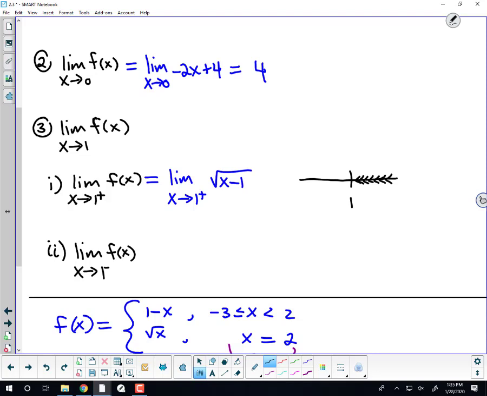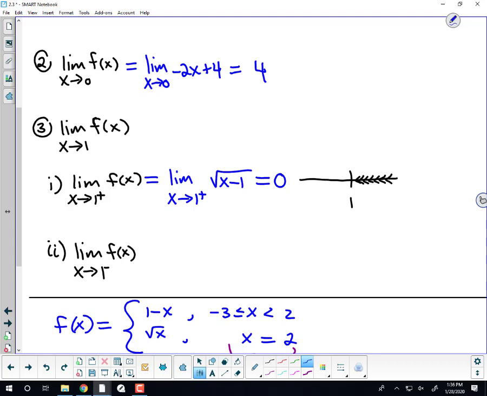They're all slightly larger than 1. Any value slightly larger than 1, minus 1, and I take the square root of that, hopefully it's pretty clear that it's going to get closer and closer to the square root of 0, which is 0. So the limit from the right is 0.